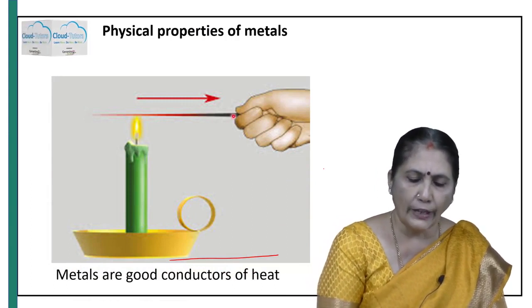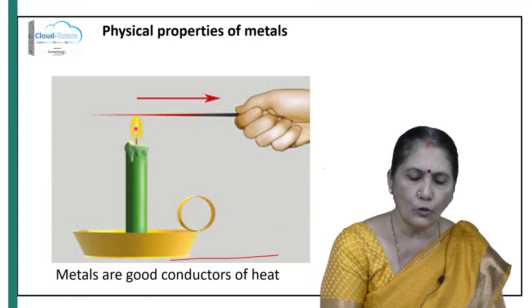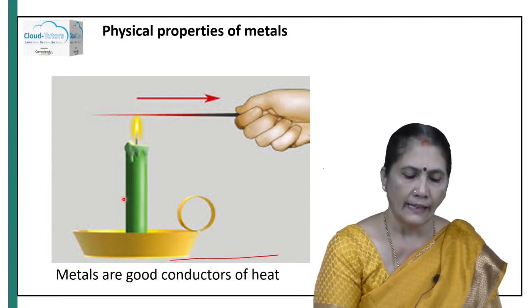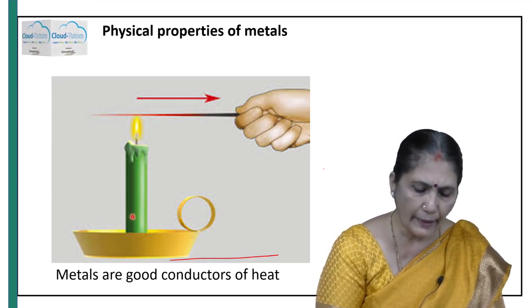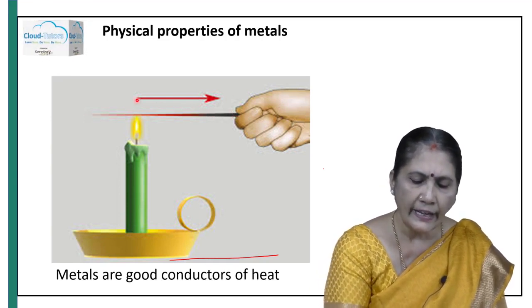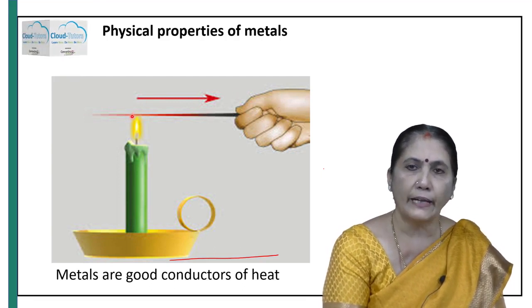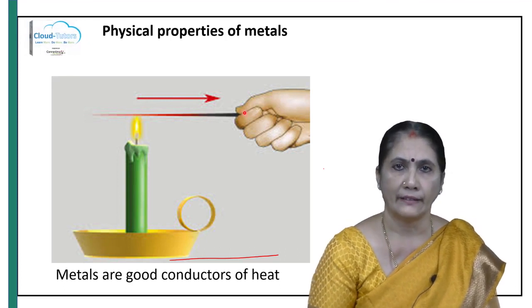If you take a metallic rod, keep a burning candle and start heating this metallic rod, after some time you can see the heat energy will start passing from one end of the metallic rod to the extreme other end.